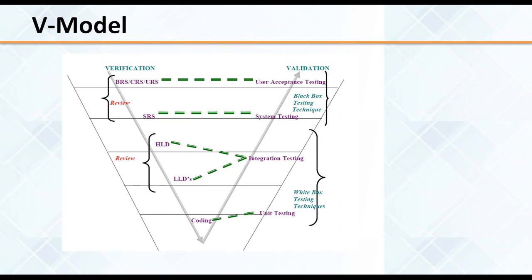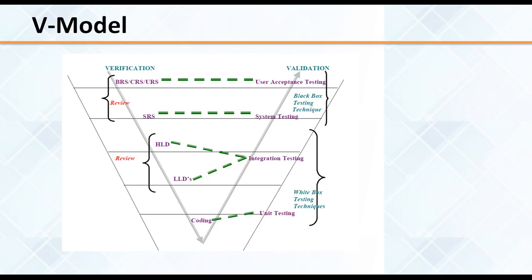The V model came into the picture only because of one reason. In the earlier or legacy models, we have only one phase of testing. So if you find any issues during the testing phase, we need to recheck the earlier phases.